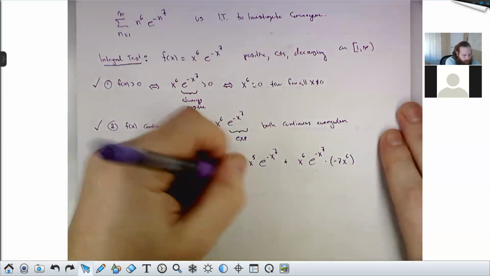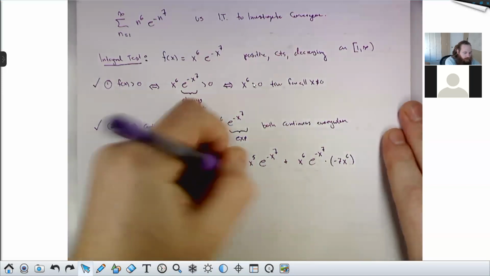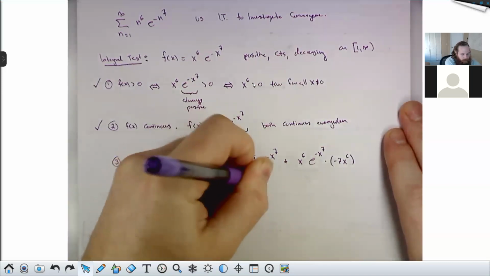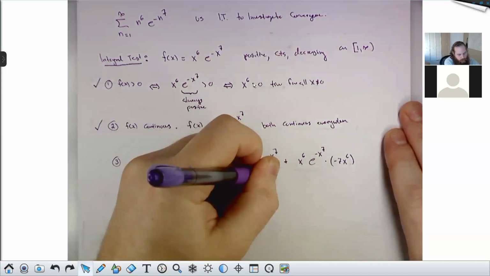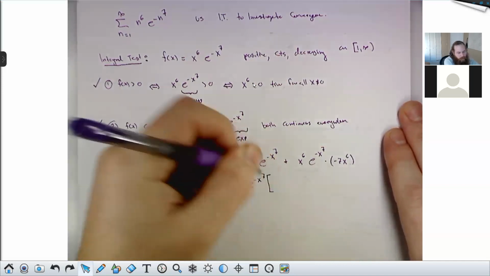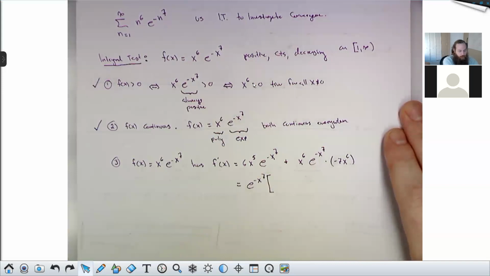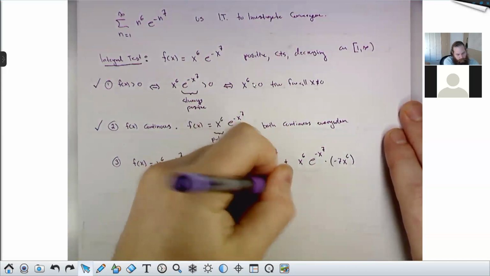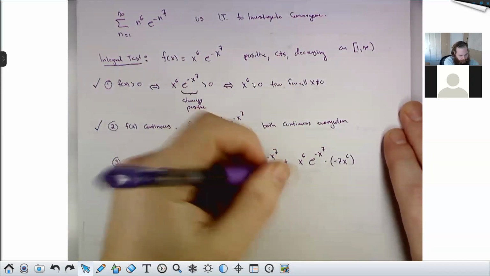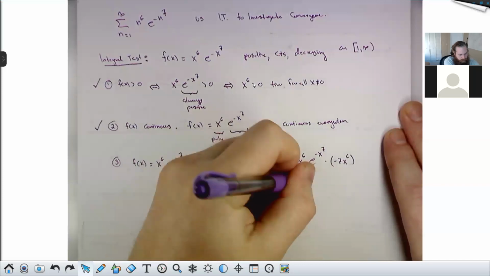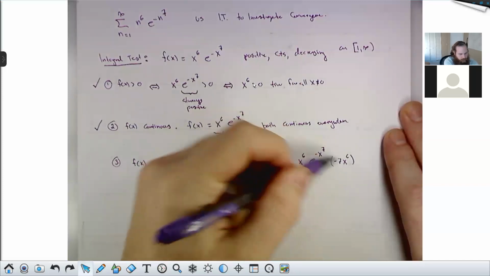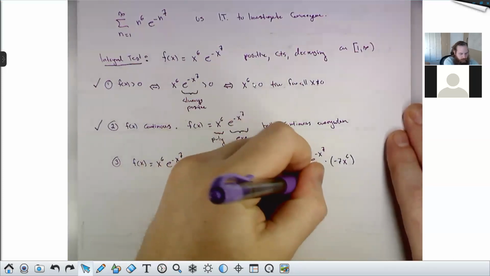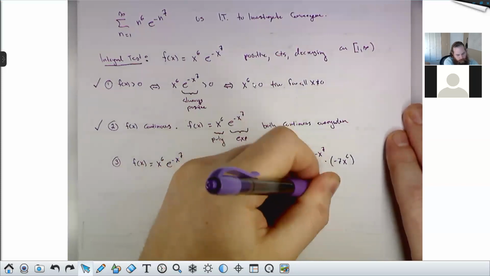I can factor out e to the negative x to the 7. And that piece is always positive, so I don't need to stress about it. What will be left is 6x to the 5 minus 7 times x to the 6, x to the 6, that's x to the 12.